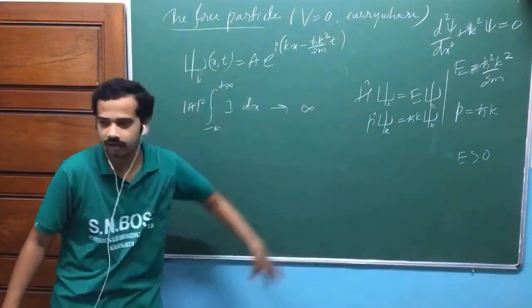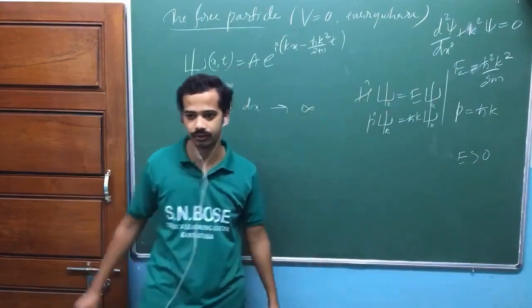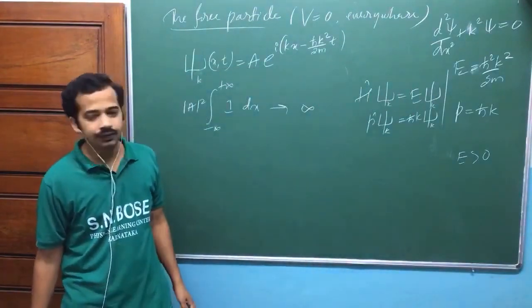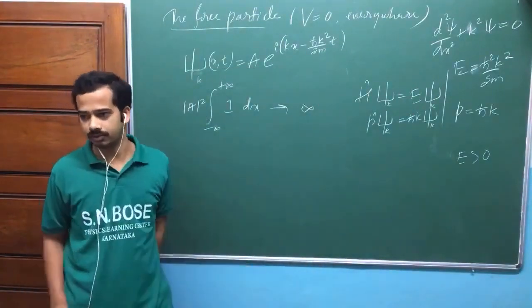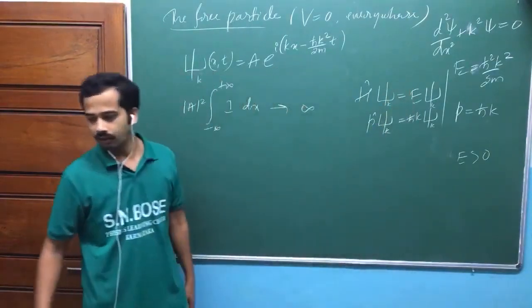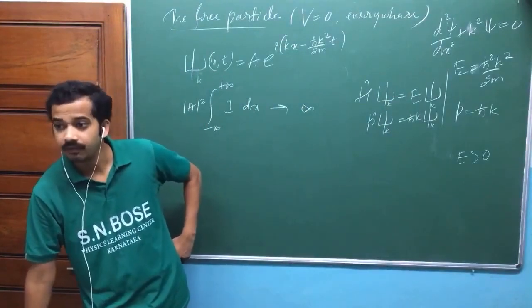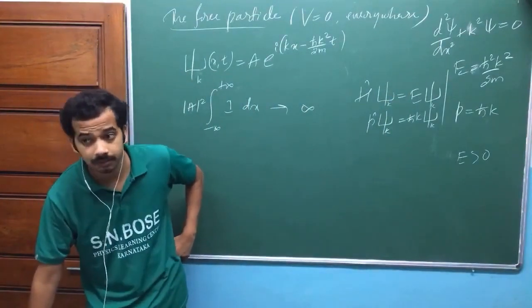Now we solved this equation, we solved the Schrodinger equation actually, and we found that. So we say that kind of state is not possible. A particle cannot have a definite energy state, or a definite momentum state. I'm talking about a free particle.